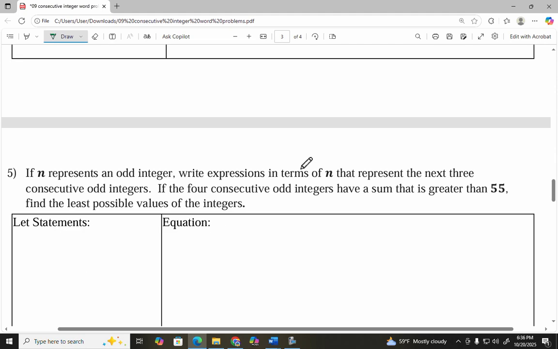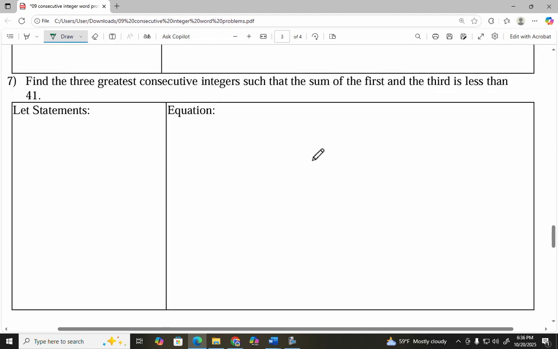Find the three greatest consecutive integers such that the sum of the first and the third is less than 41. So this is an inequality, right? Find the three greatest, that's a hint right there, consecutive integers, and over here less than.